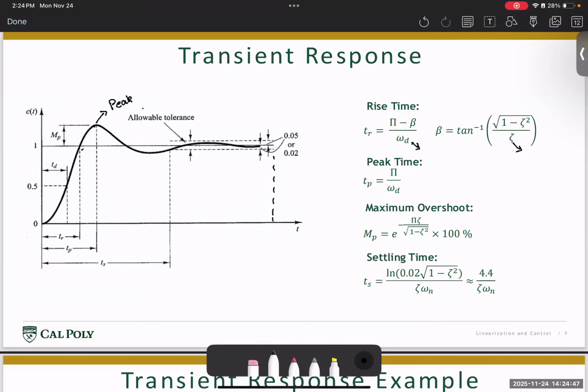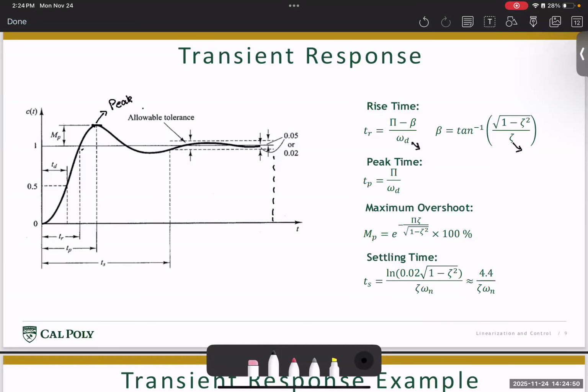Then the maximum value of pitch that the aircraft would have before it settles down at 5 degrees is called the peak value, and the amount of time it takes to reach the peak value is given by the peak time. This is given by pi divided by omega d.